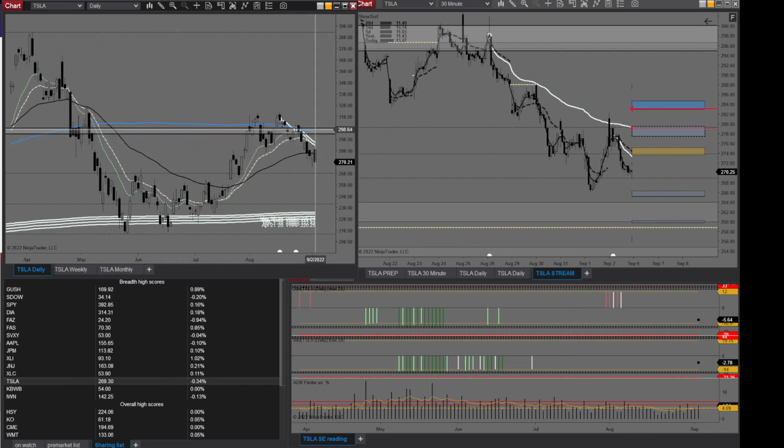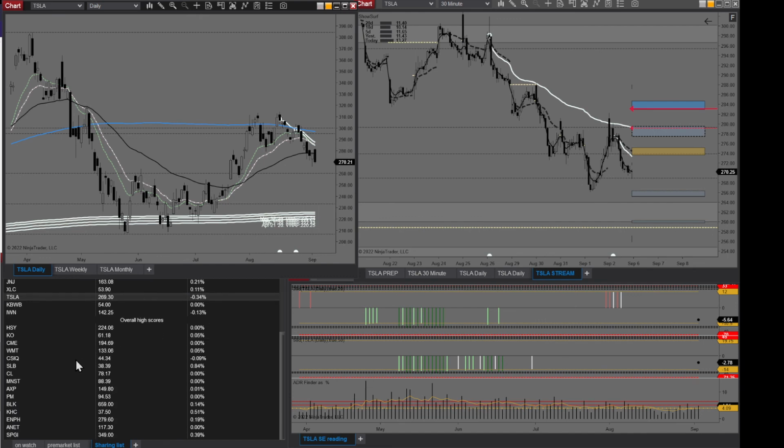So we're going to remove that for now because I don't want to mess some other things up. So Tesla's zone on Tuesday is going to be 279.35 to 277.72. So interesting stuff. Again, we'll try to look through and highlight different ones out of the overall score next time around.